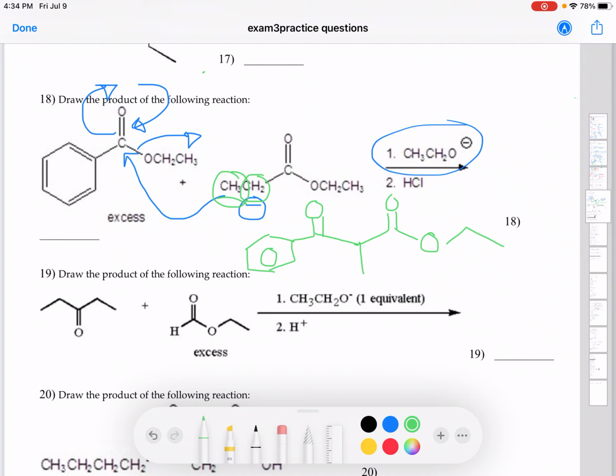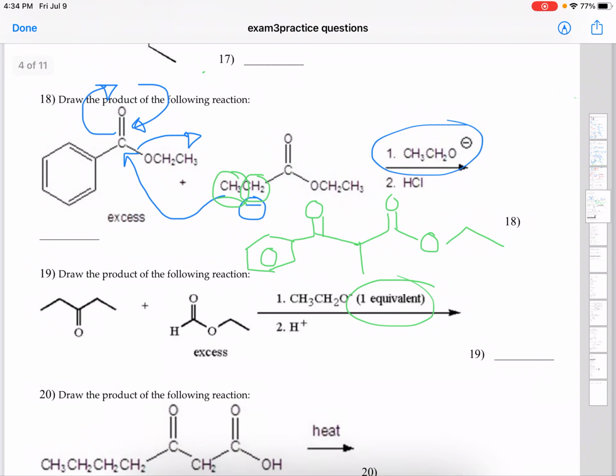Got it? Awesome. Okay, number 19, draw the product of the following reaction, and you are adding only one equivalent of this guy. Okay, let's see what's happening over here.